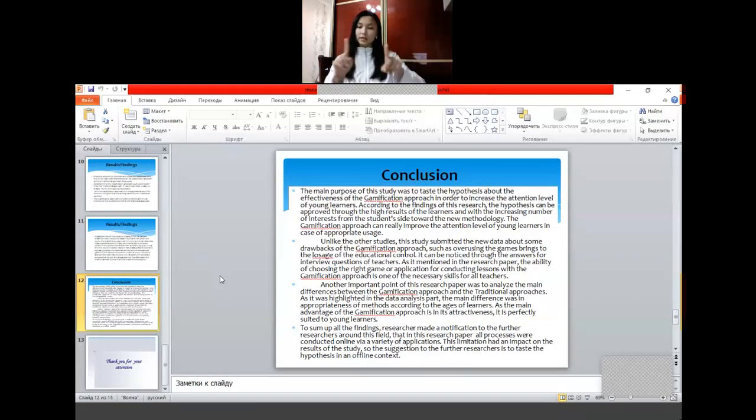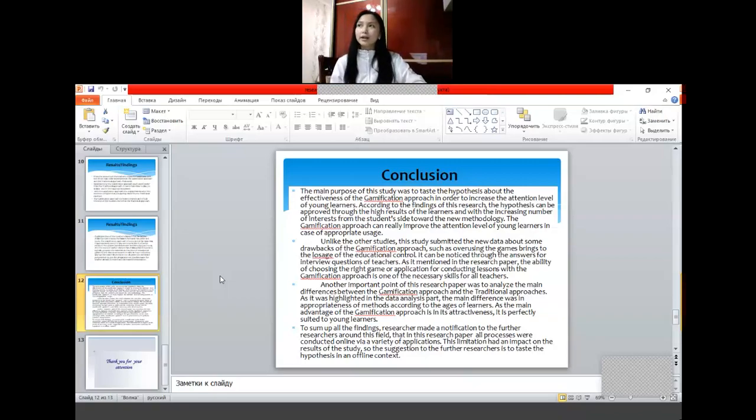And also here I want to mention the challenges, the drawbacks, which made my research paper different from others. Here we found that teachers claim that they noticed, when using the gamification approach, if the teacher does not get the balance between joy and study, the gamification approach will not work.